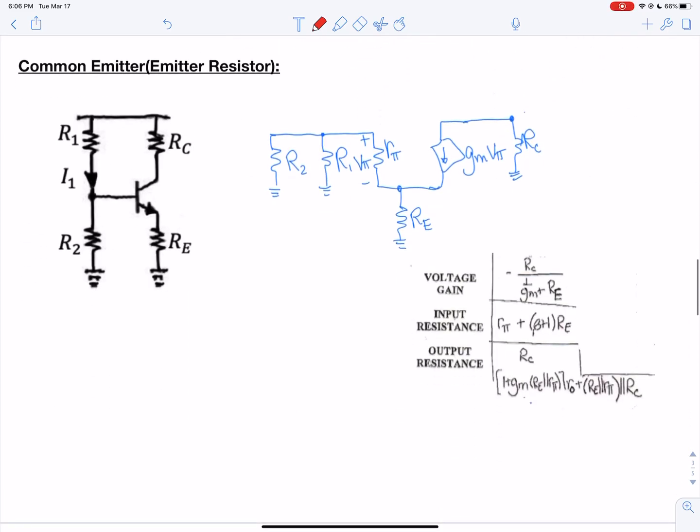For the common emitter resistor, you leave the RE and don't bypass it with a capacitor. So again, the input will be at the base, and your output will be at the collector.